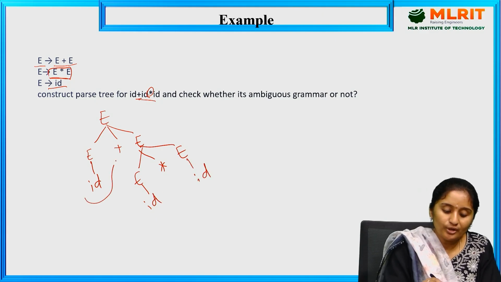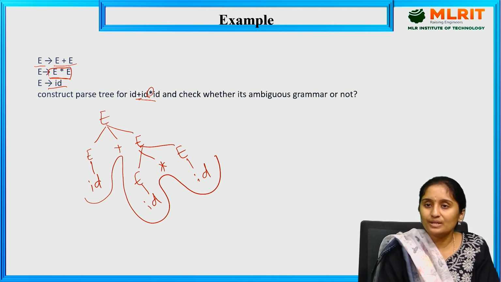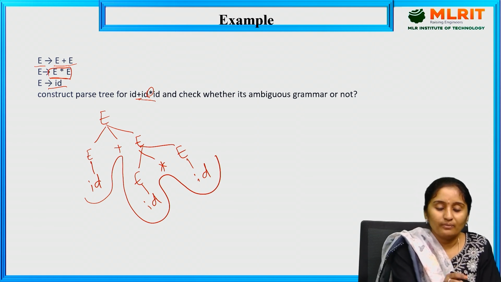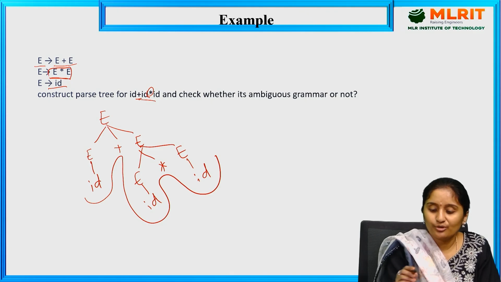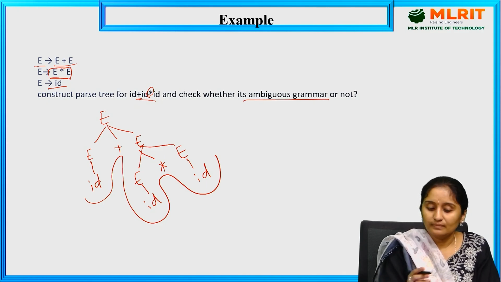So what we are going to get is ID plus ID into ID. This is the one string which I have generated with the help of this grammar. Let me try to generate one more. If it generates more than one parse tree, then I can tell that the given grammar is ambiguous grammar.